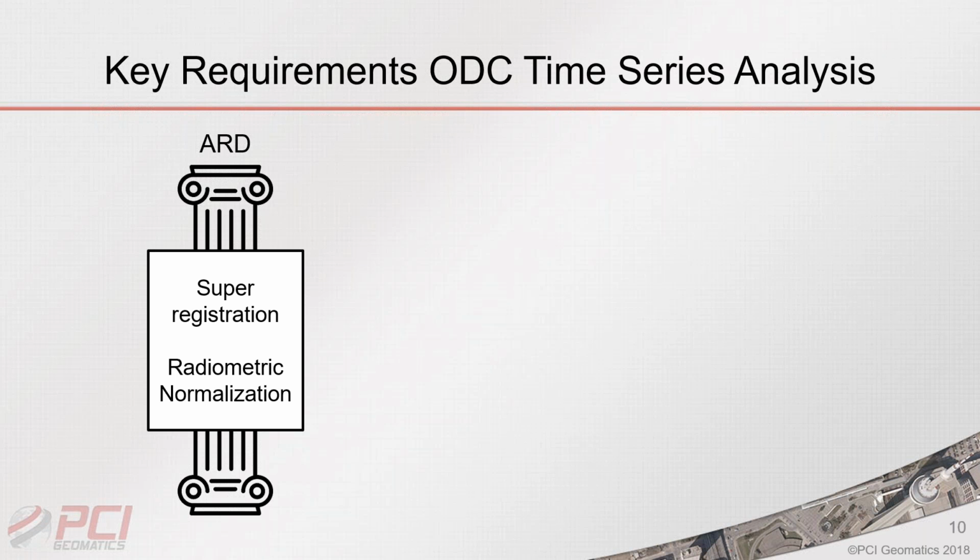It requires super registration. So if you're collecting images from different viewing angles or different sensors and you want to compare them over time, you want to be absolutely certain that the spatial location of each pixel is as accurate as possible. So that's of critical importance. The other critical item of interest is the radiometric normalization.